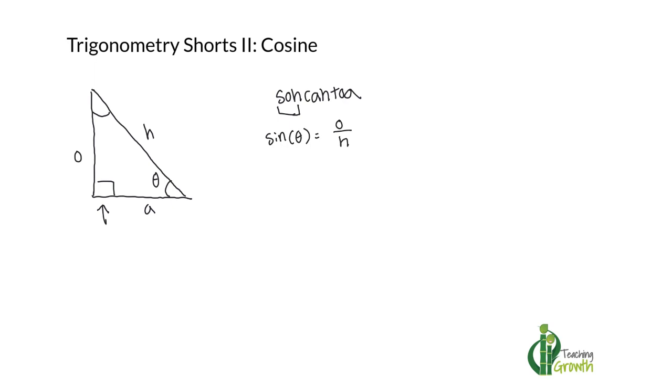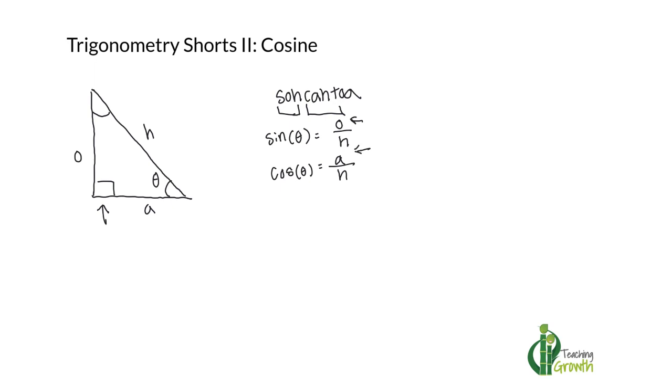But when we're talking about cosine, or the CAH, it means that the cosine of the angle is equal to the ratio between the adjacent and hypotenuse. So a different numerator in this case and a different relationship.